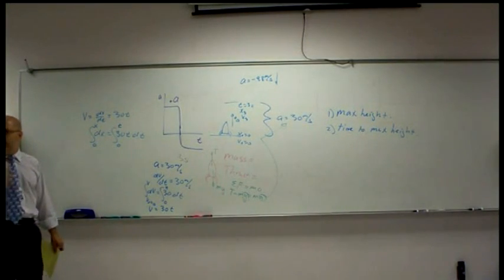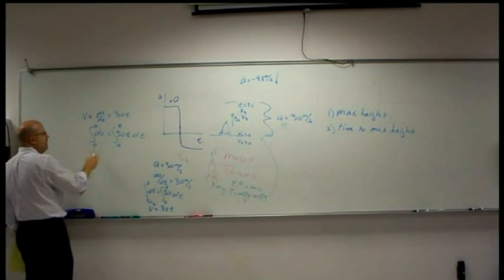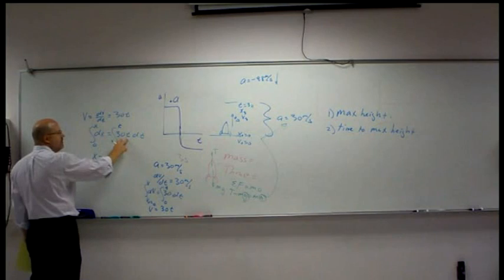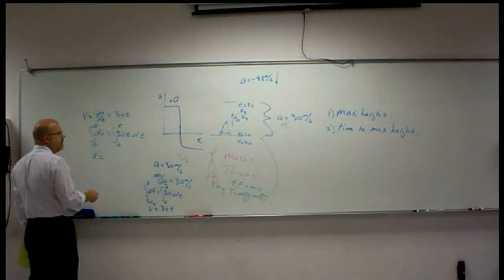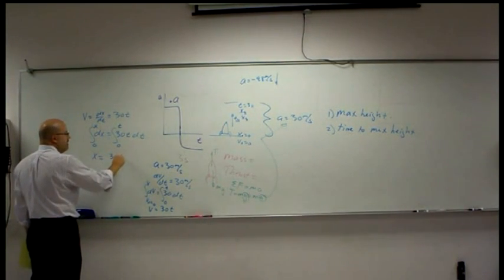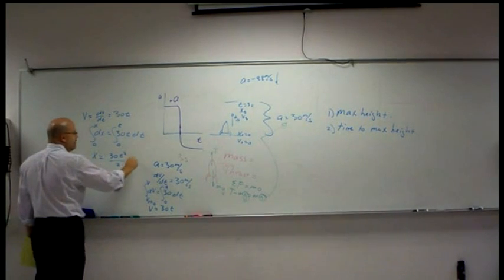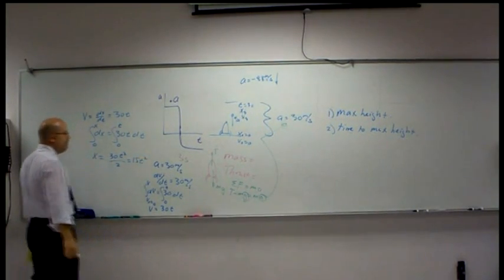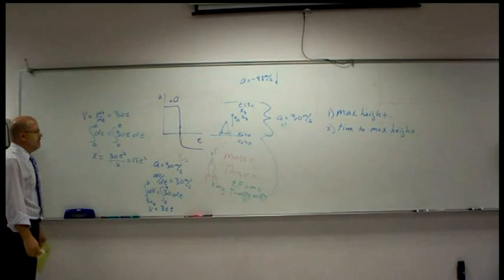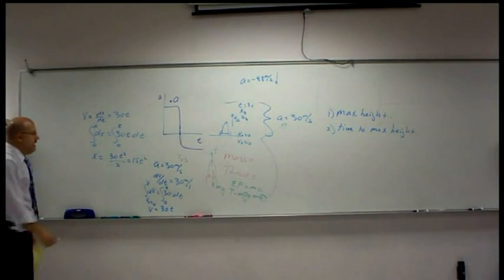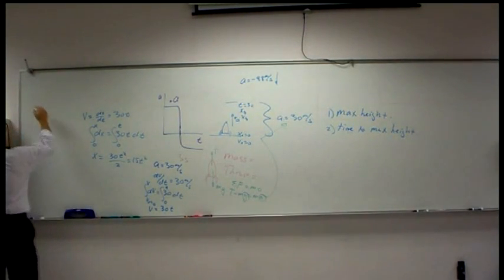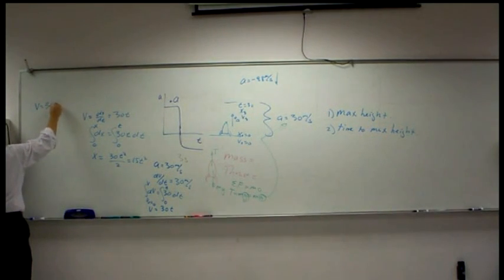I'll just do t, and then you can plug in the 3 if you'd like. So this side becomes x equals, what's this become? 30t squared divided by 2, right? Which is 15t squared. Now, notice that v equals 30t and x equals 15t squared.